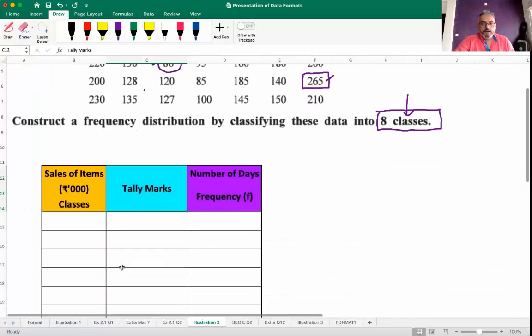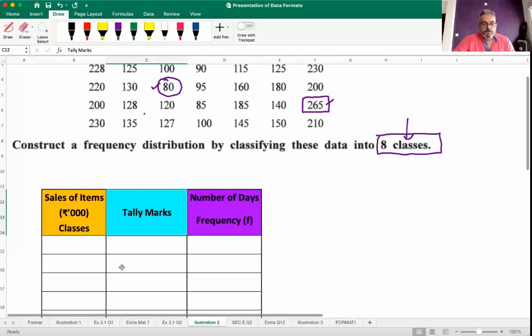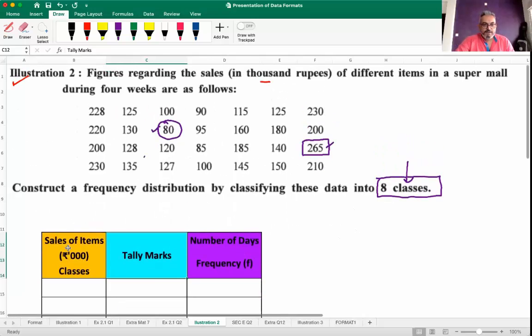Now I've already made the format. So you have to make a format like this: sales of items in rupees 1000. That will be our classes. Then tally marks and number of days, which is basically frequency.